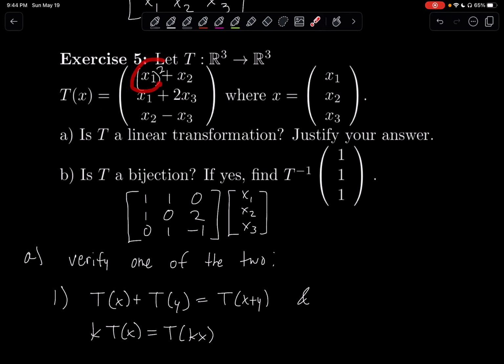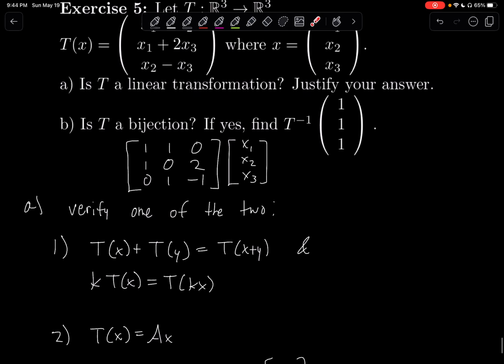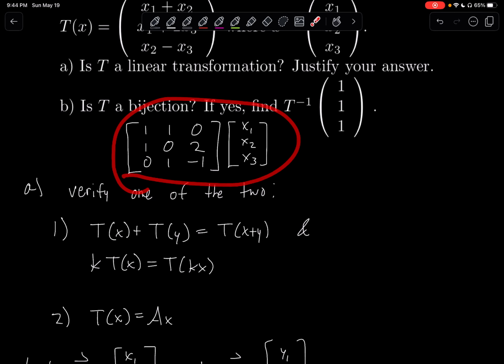But if everything here is linear, then you should be able to make a coefficient matrix A times a vector x that's in R3 in this case. So this alone is enough to tell that T is linear.